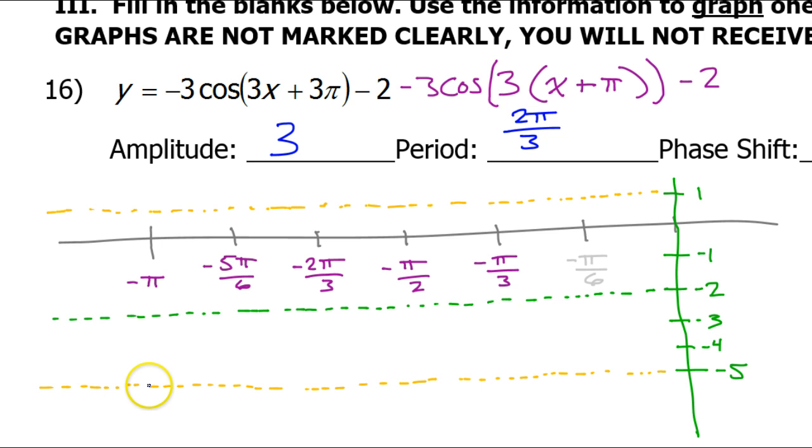So my first value of cosine is actually going to start at its lowest point, lining up here with my negative pi. And then it will go to the midline, and then at this value, it should be at its highest point, and then it should fall back to the midline at this critical value, and then it will fall back to its lowest point again at this value. Okay, so my cosine is going to look like this.